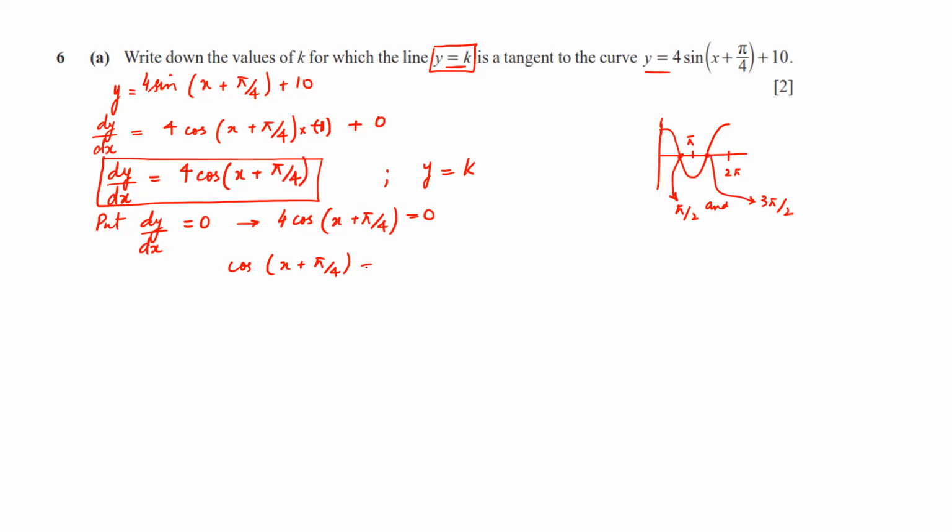So cos of x is equal to 0, and it means that it will be 0 at x equals to pi by 2 and 3 pi by 2. So this whole function will be 0 at these 2 values.